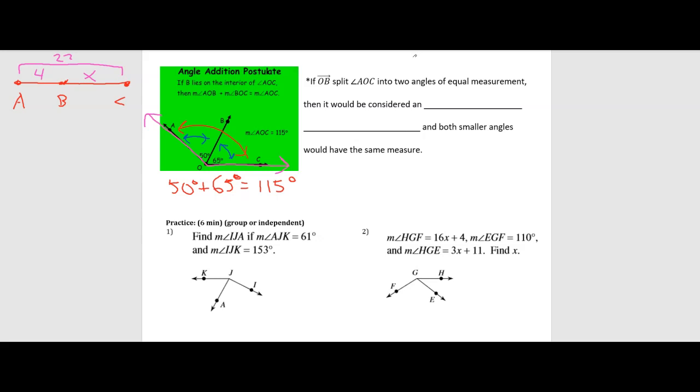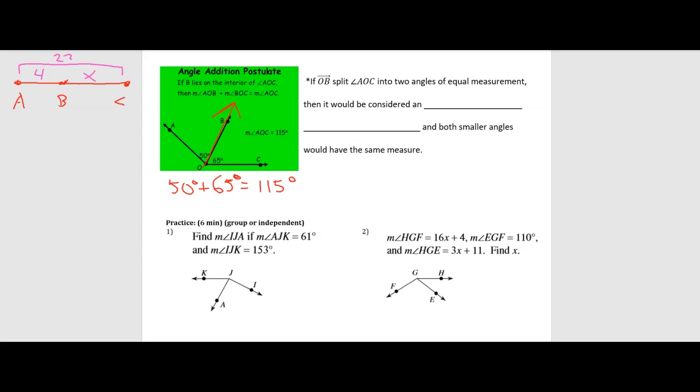There is an add-on to this. So in this angle, the pink angle, there's this ray OB. So actually, I'll just get rid of this so it's easier to see. So we have ray OB. If that had split the big angle exactly in two, right?